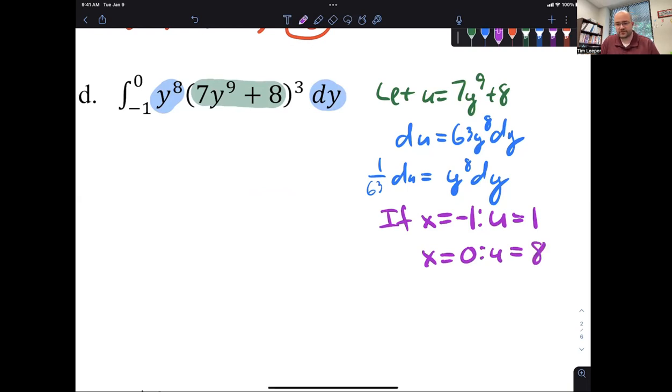So our new limits of integration are going to be from u equals 1 to u equals 8. So the integral will be from u equals 1 to u equals 8 of, and instead of y to the 8 dy, we have a 1 over 63 du. And instead of (7y to the 9th plus 8) cubed, that would become u cubed.